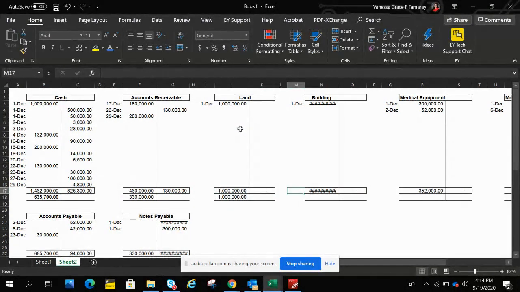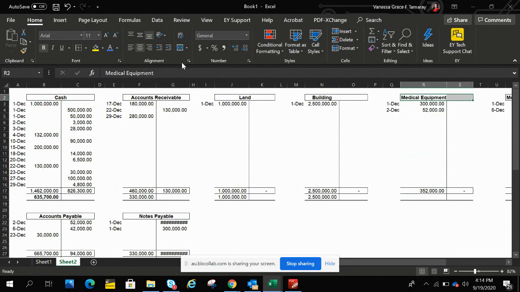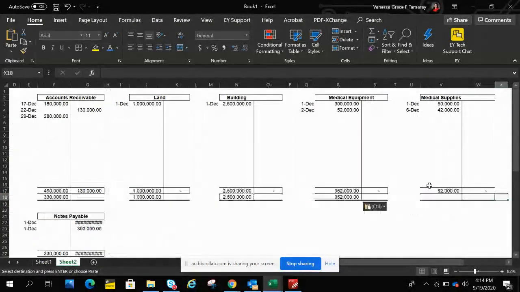Saka na natin complete yung depreciation sa next na topic. Okay, ganito muna. So, huwag muna tayo mag-depreciate. Ending balances lang muna. And then, medical equipment, we have total 352.